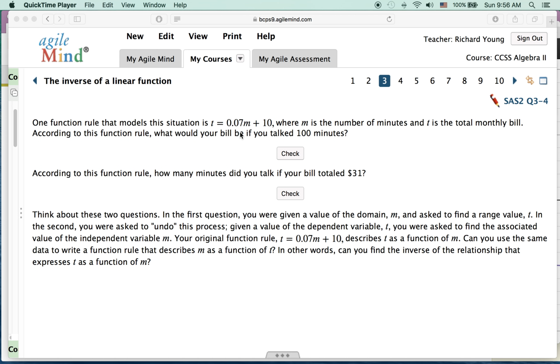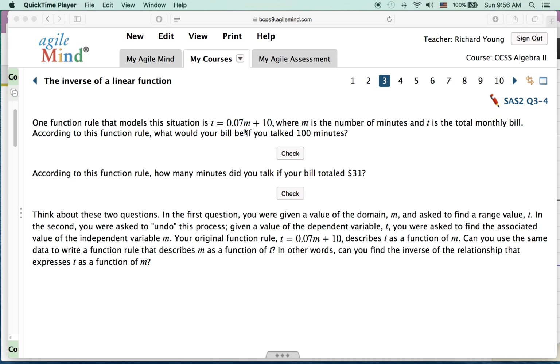You pay $10 a month plus 7 cents a minute, which is really awful. So what we're going to try to do today is explore what happens when we change the equation so that it's no longer solved for t, the total monthly bill. We want to solve it for the number of minutes.